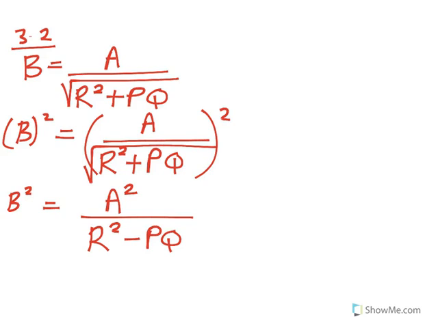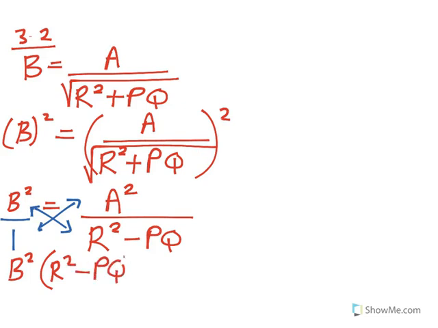There is no more any need for the square root. Now this is like B squared over 1, and then it cross multiplies. Remember you're looking for R. So when you cross multiply, you're going to have B squared multiplying R squared plus PQ is equal to A squared.